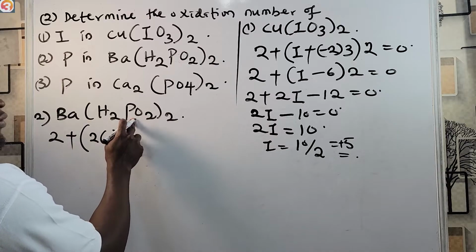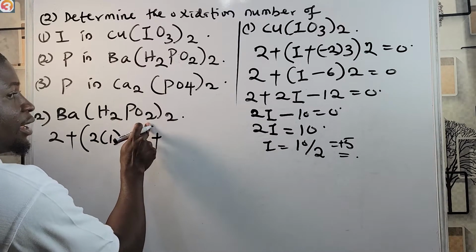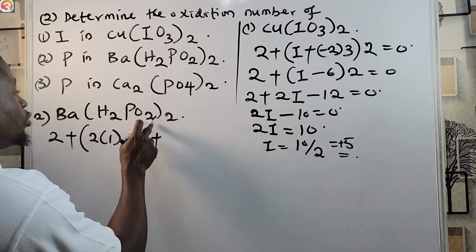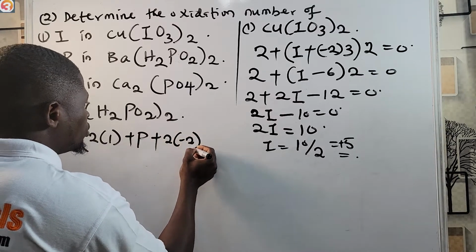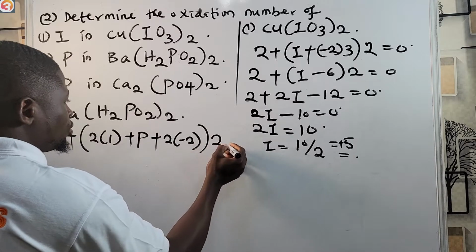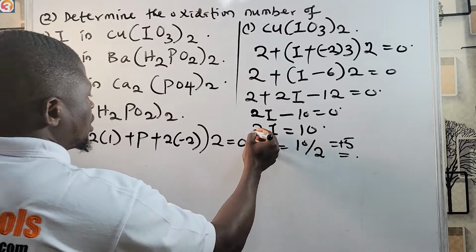Then plus phosphorus is what you are looking for. Then plus oxygen is minus 2. So I have 2 atoms of oxygen, so I'm going to have 2 into minus 2. Then you close the bracket back the way you saw it. Then you put your 2 behind. Then everything is equal to 0. I hope you get that.